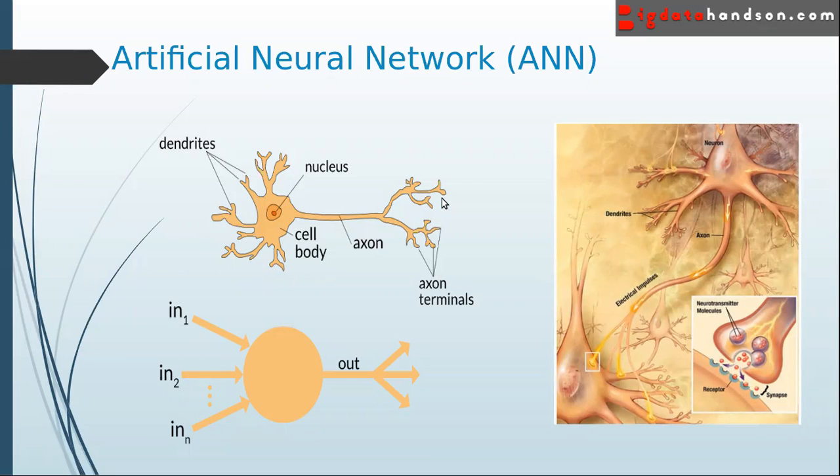So this is the input and this is the output, right? Likewise, it is replicated in an artificially created neuron like this one. We have the inputs, which are the features: input one, input two, input three, like n inputs, n features, and we have the output. This output can become an input of other neurons, right?